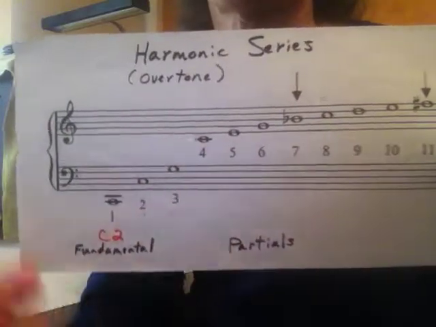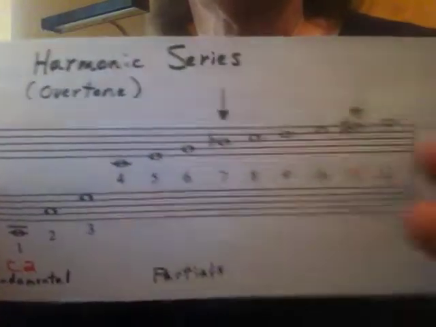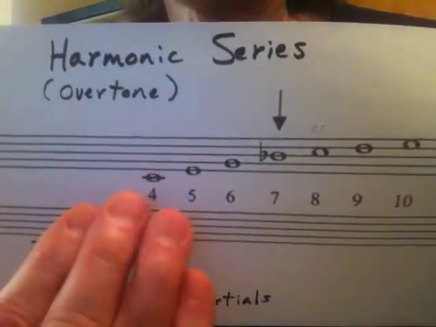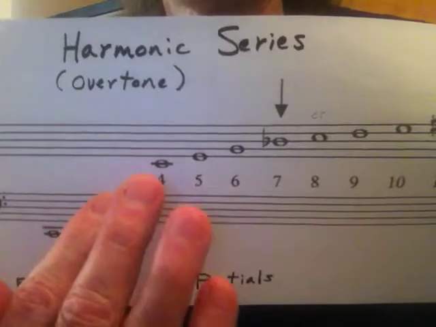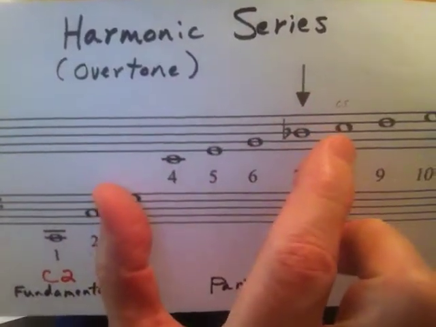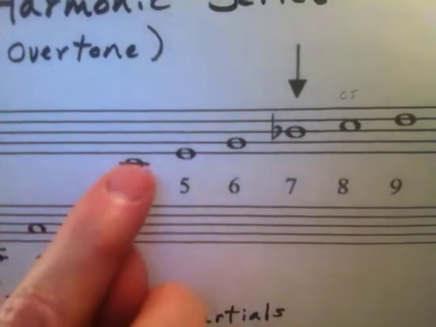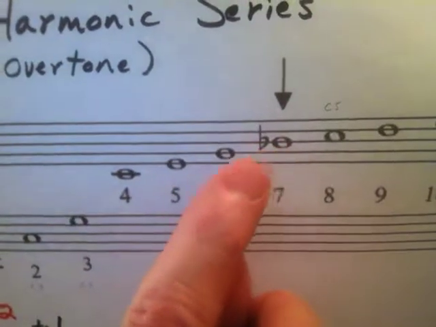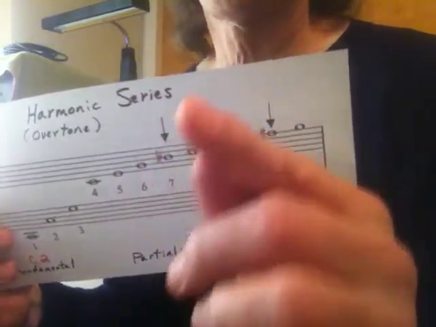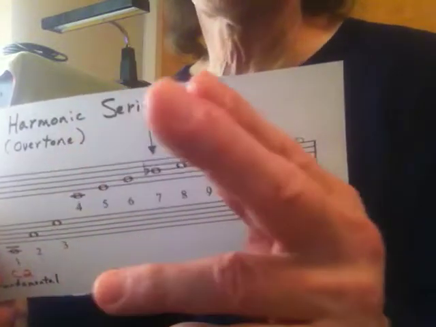I forgot to say this, because when I show you how we build chords and how I do it my way, you see that our basic chord structure is pretty much based on the intervals that we find in the harmonic series very early on here in this first octave. Because why? Our chords are built on thirds, and I'm going to talk about this. I can't wait to get into that part. Our chords are built on thirds.